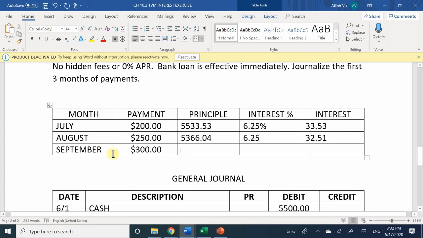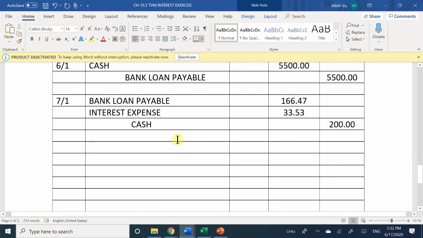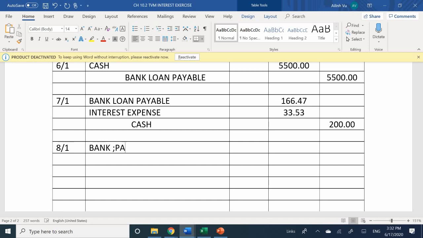Okay. But now I made a payment in August for $250. Let's go ahead and see how much of that actually is taken off from our actual account. So again, on August 1st, I made a payment to my bank loan. So here I do bank loan payable, interest expense, and I paid in cash.